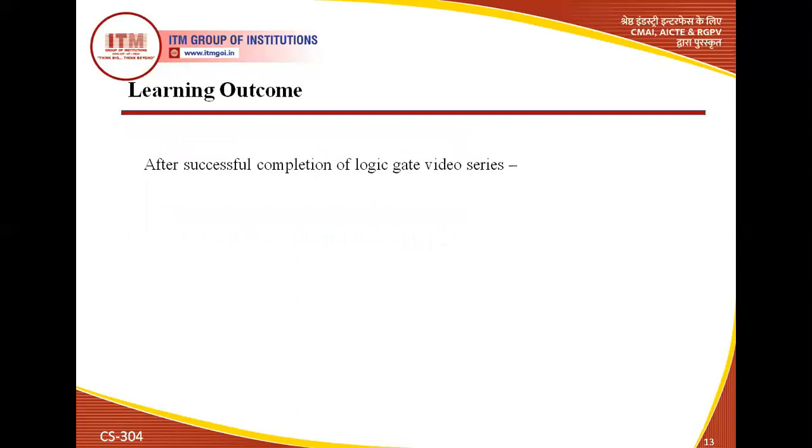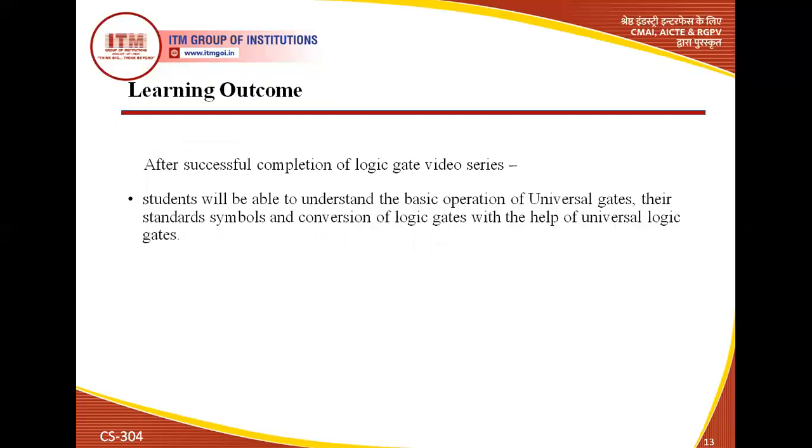These are the learning outcomes after the completion of the video, so that each content has some outcome. According to me, these are the outcomes. The students will benefit by knowing the basic operations of the universal gates and their conversion, and also the concept of logic gates.